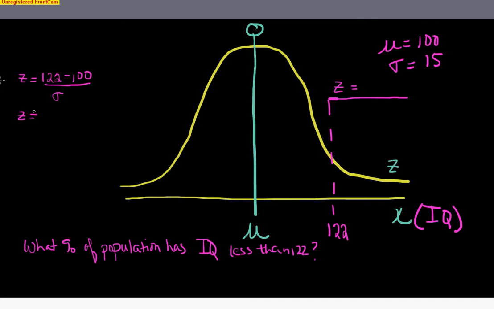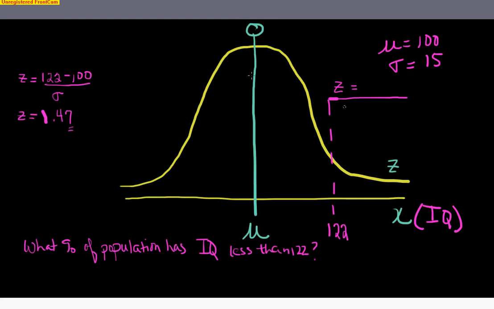That gives us a z-score of 1.4666 going on forever, so I'm going to round this up to 1.467.